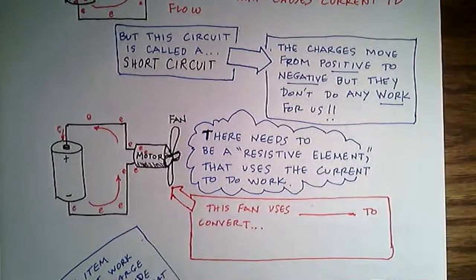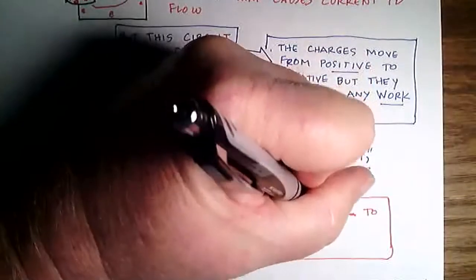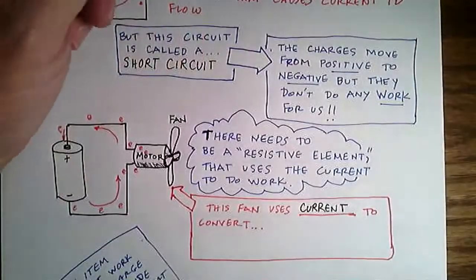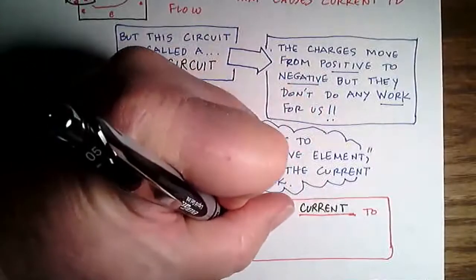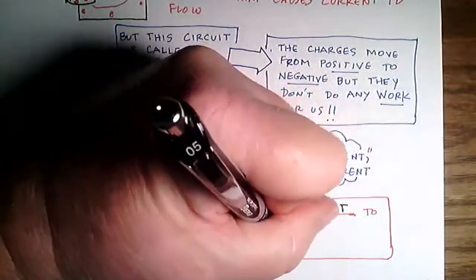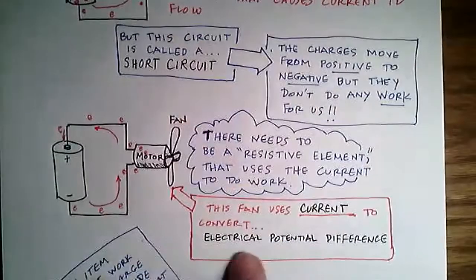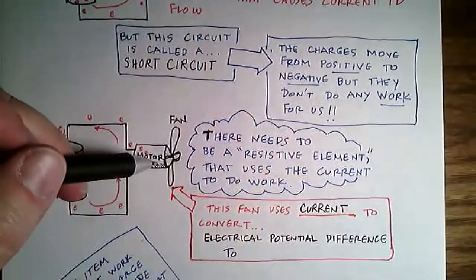So if we think about this fan, what it is doing is using some of the current to convert electrical potential difference to, well, think about what this fan's doing.